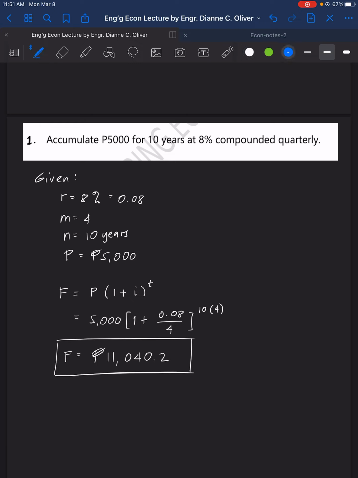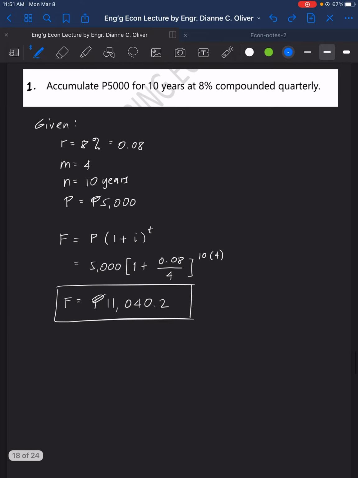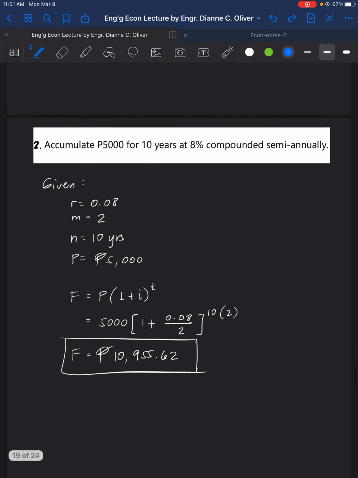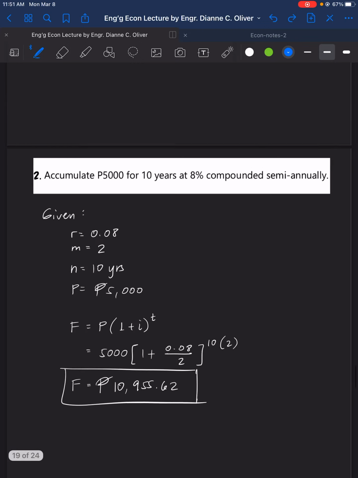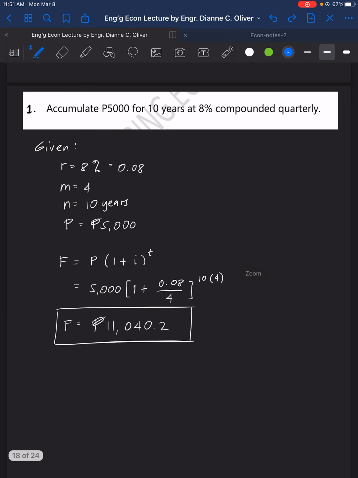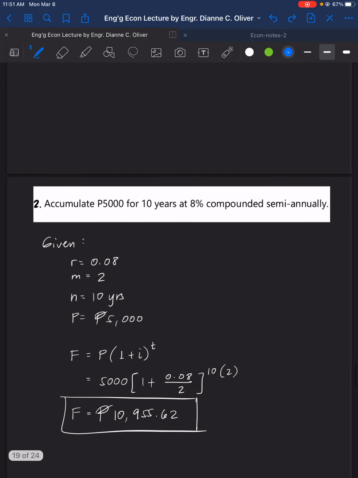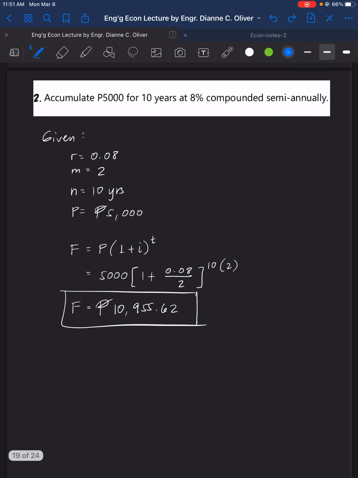If we have the same principal amount, compounded quarterly is bigger in comparison with the compounded semi-annually. Meaning, you are putting much more interest in example number 1. You are putting more interest for compounded quarterly than the compounded semi-annually.